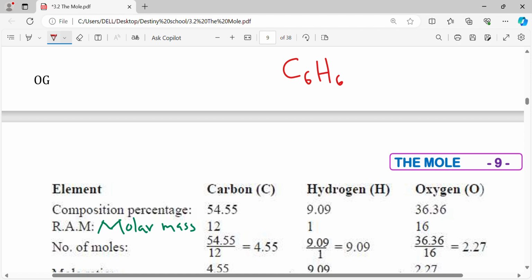N into empirical mass is equal to molecular mass. If you multiply the empirical mass by n, you get the molecular mass.